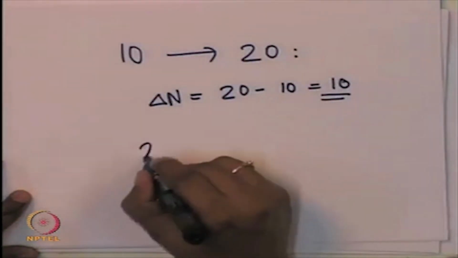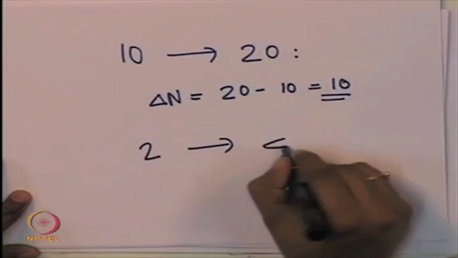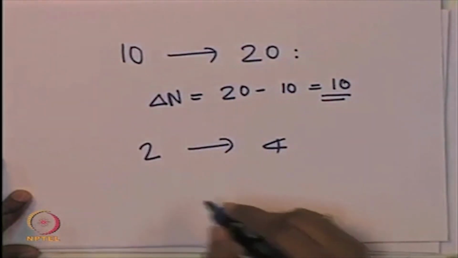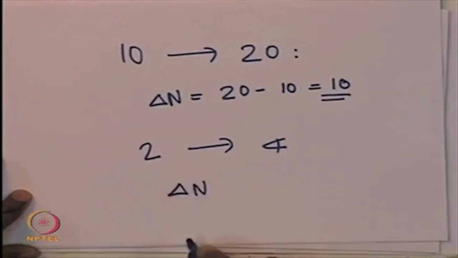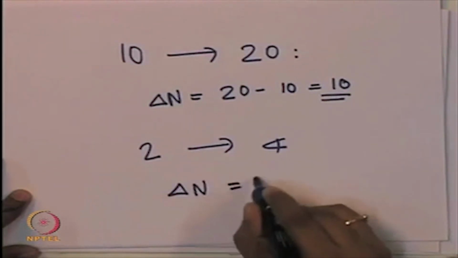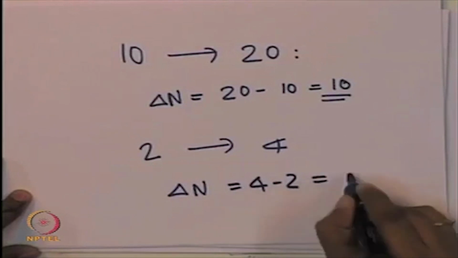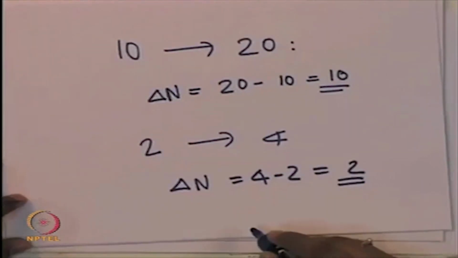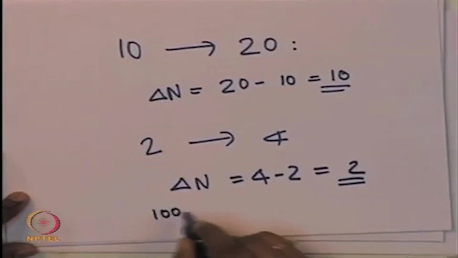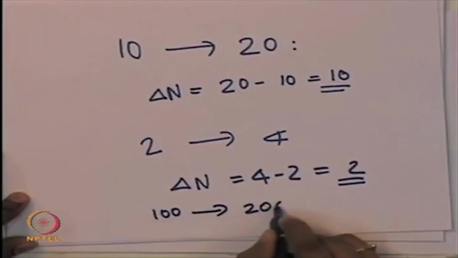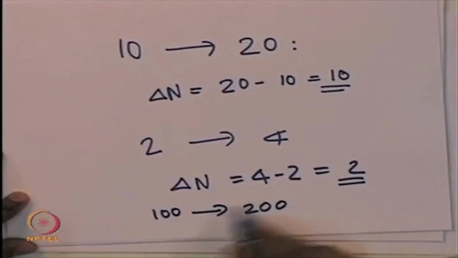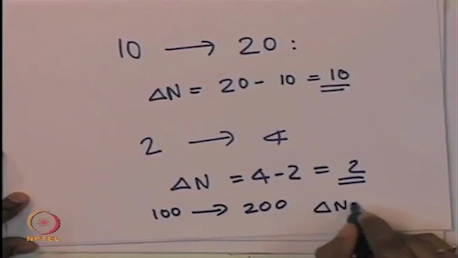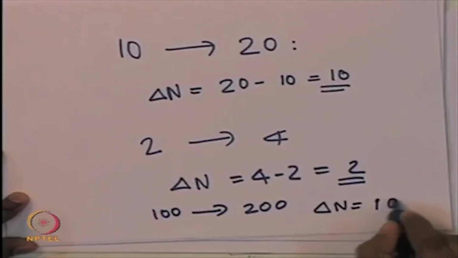If there are only 2 bacteria, they will go to 4. So, the change is just 4 minus 2, which is only 2. If there are 100 of them, they will go to 200. So, they increase by 100. So, the delta n will be 100.